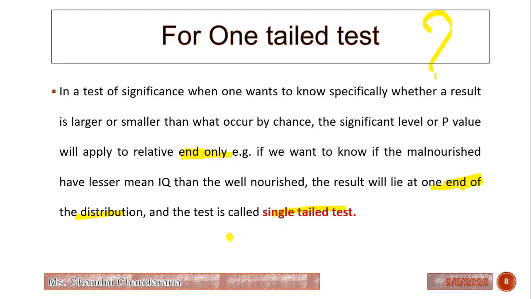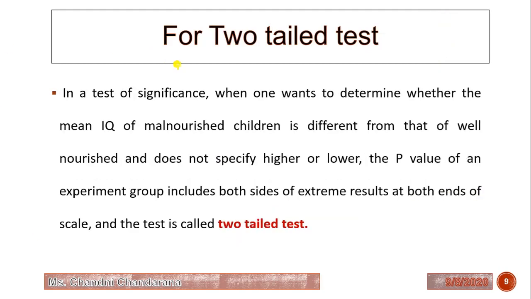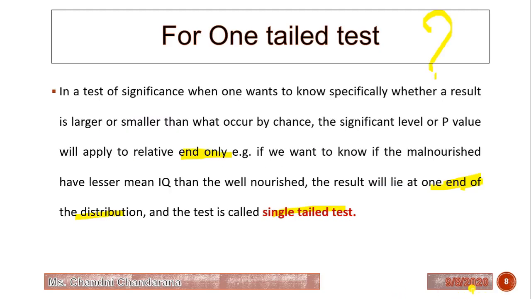Now what is the two-tail test? For example, in a test of significance, when one wants to determine whether the mean IQ of malnourished children is different from that of well-nourished children and does not specify higher or lower. See, in the first one-tailed test we wanted to know whether the result is larger or smaller.